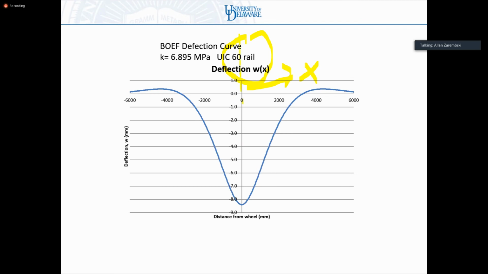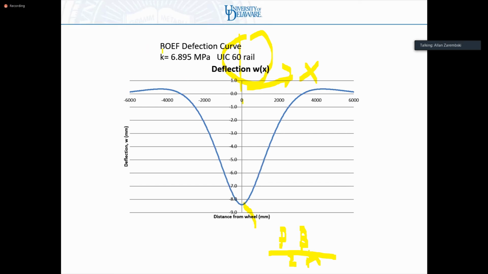Then my deflection looks like this. My maximum deflection is P beta over 2K, as you can see for this problem.